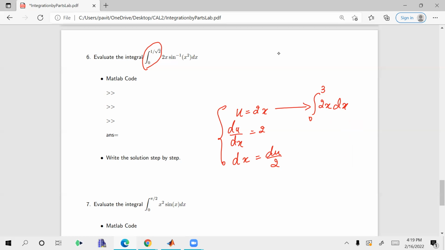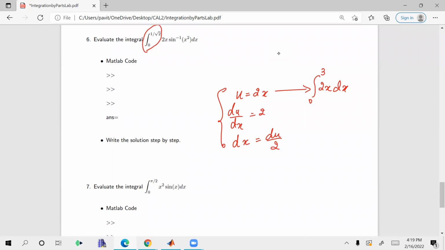Okay, I'll just explain how you will be applying limits, because this is very simple. When you have this type of problem, you put 0 to 3, and 2x you took as u, dx was du by 2.